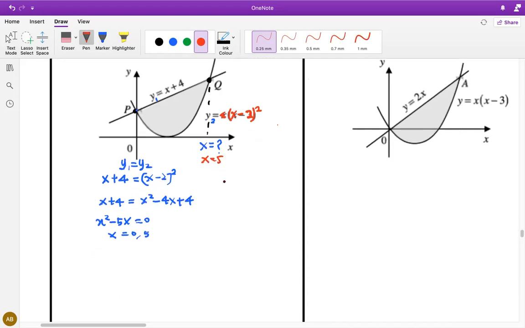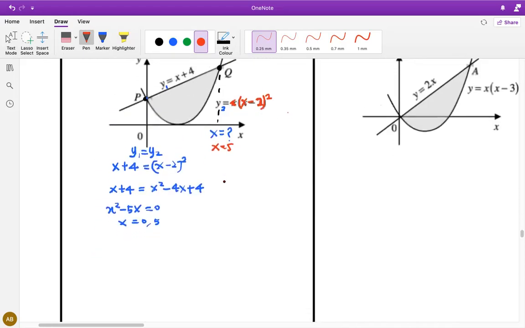Now I can find the area of the shaded region, right? So the area of the shaded region A, I use above minus below. Therefore, it is the integral of x plus 4 minus (x minus 2) squared dx from 0 to 5, okay?